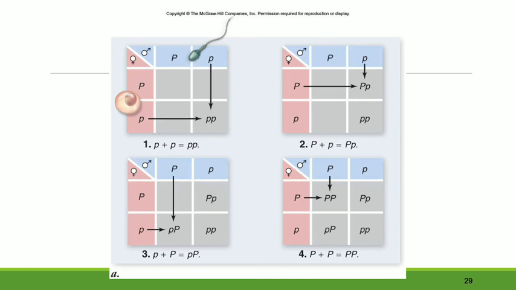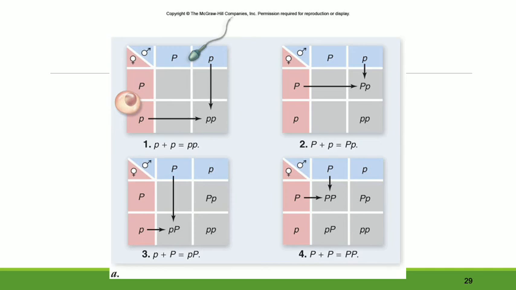So this is actually crossing that F1 generation with itself. Remember that the F1 generation were the purple flowered plants that actually had information from both the purple flower parent and the white flower parent. So all of those individuals were heterozygous.